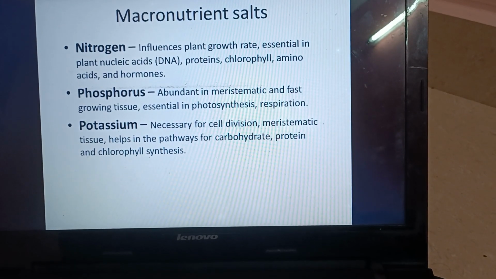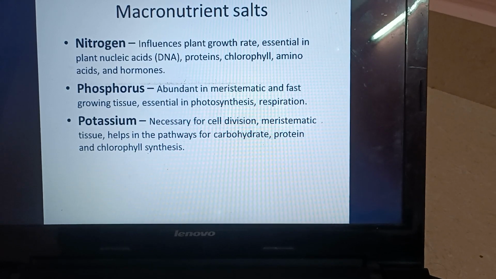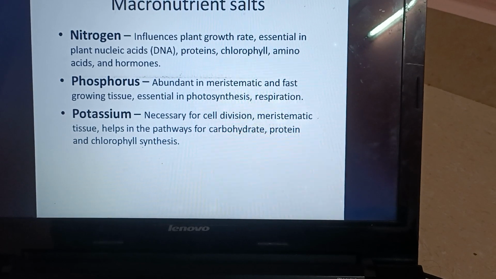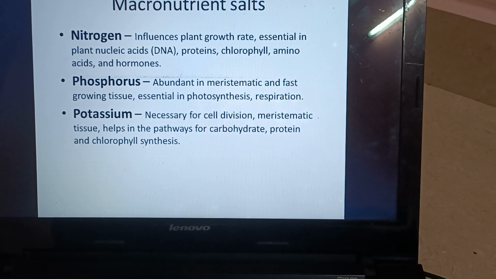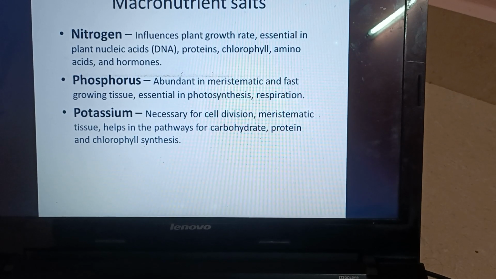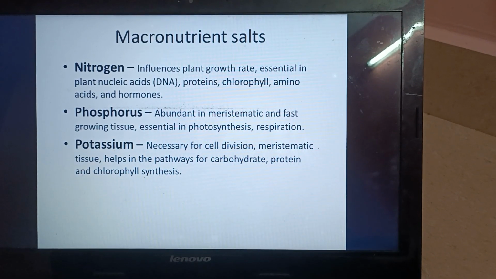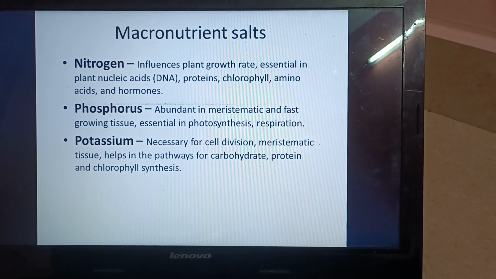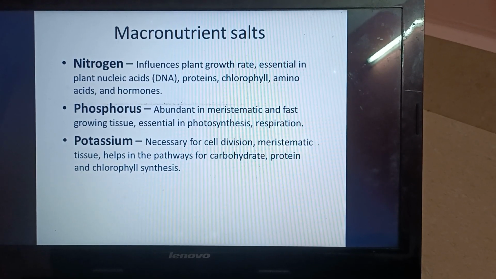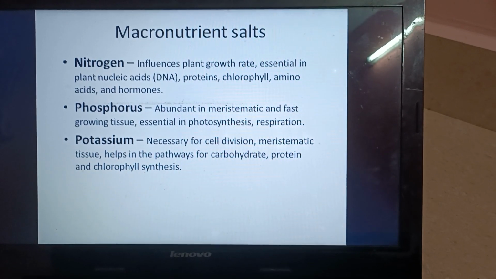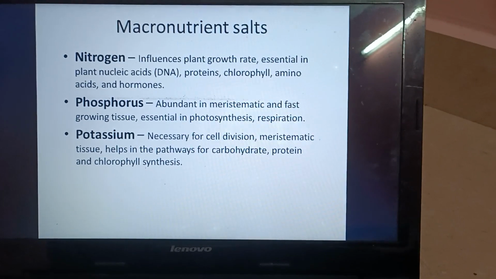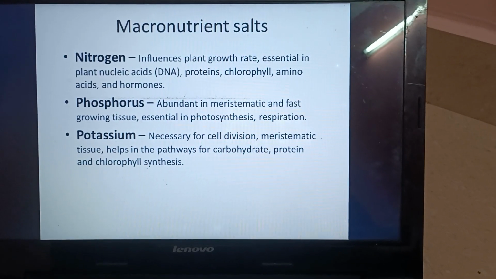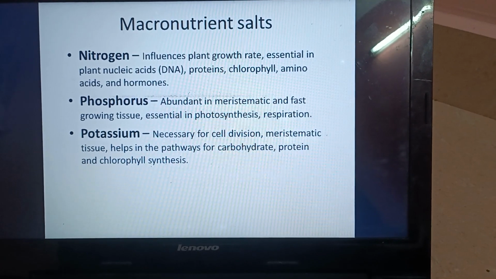Phosphorus is abundant in meristematic and fast growing tissues, and is essential in photosynthesis and respiration. And potassium is necessary for cell division in meristematic tissue and helps in pathways for carbohydrate, protein, and chlorophyll synthesis. Why do we give prominent focus to these three macronutrients?